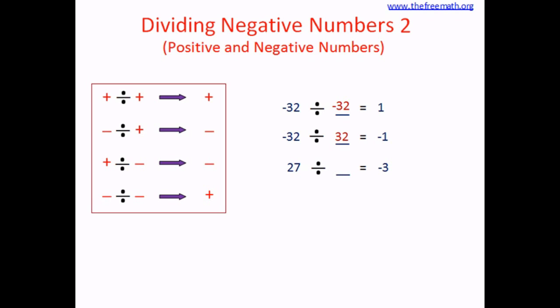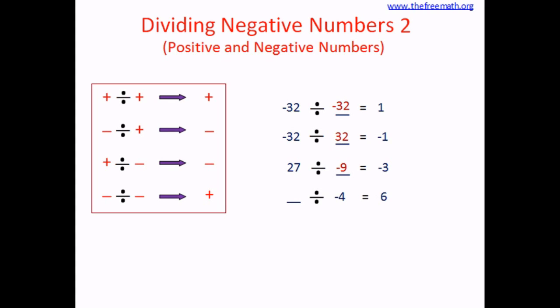Now let's think about the sign. 27 is a positive number, so positive number divided by what kind of number will give you the negative result? By a negative number. So the answer is negative 9. Positive divided by negative equals negative. That means the sign of 9 is negative. So 27 divided by negative 9 equals negative 3.